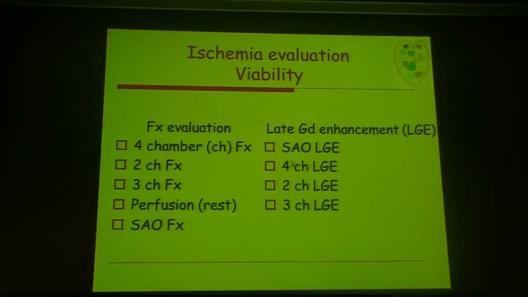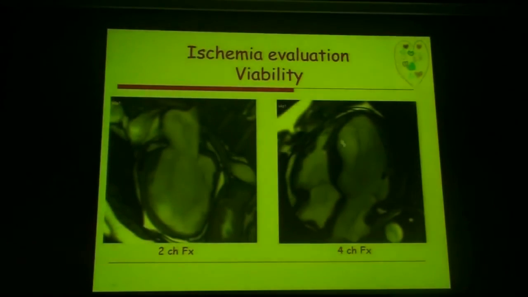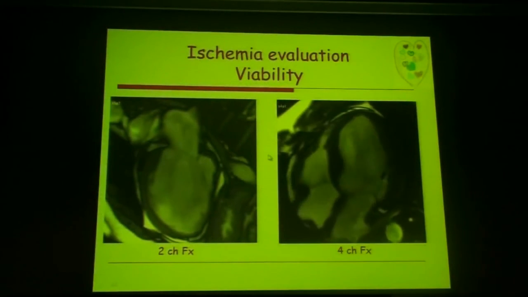So very similar to what we previously did, we're evaluating for the function in the relevant planes which we just mentioned, the four-chamber view, the two-chamber view, the three-chamber view. We're acquiring rest perfusion cine images, then we're acquiring the function images in the short axis plane, and then we're just acquiring all the relevant images of the delayed enhancement in the relevant planes. So let's start and look at the patient.